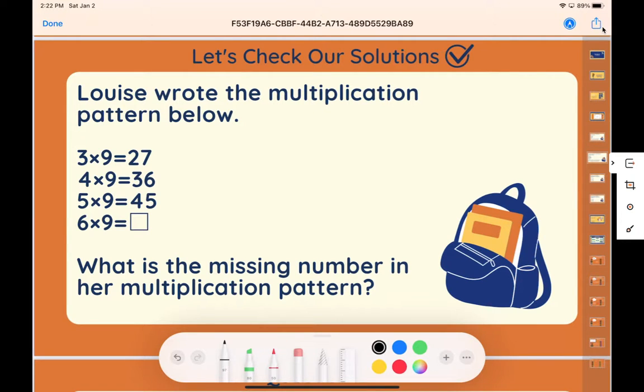One strategy that we could use would be to make an array. And so I'm just going to draw an array on my screen. And my array is going to have 9 boxes going across. All right, here is my array. 1, 2, 3, 4, 5, 6, 7, 8, 9.